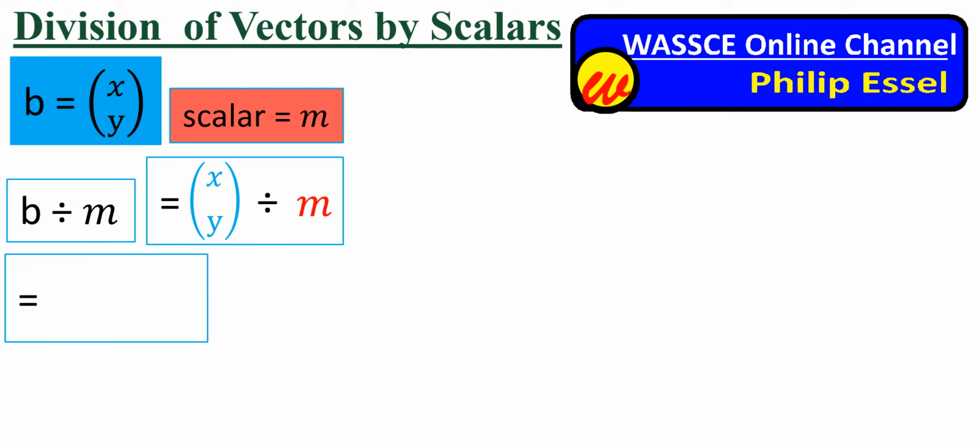That will be equal to the vector b. We would then change our division sign to multiplication. Then we change the scalar to its inverse. So our division sign has become multiplication, and our scalar has now become the inverse of the scalar. So we now have the vector times the inverse of the scalar.